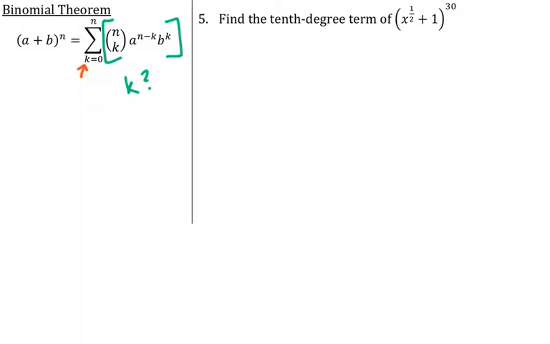So if I'm looking at this formula here, I can say that, oh, that's our n. We've got our a and our b, just like we separated out in the last example. And here they're asking for the 10th degree term. So remember, 10th degree means that we're looking for x to the 10th. But since this isn't just x, this is x to the 1/2, what that means is then we are looking for x to the 1/2 to some power.